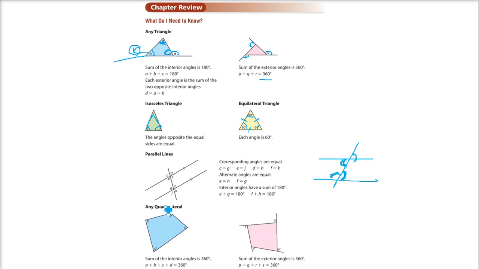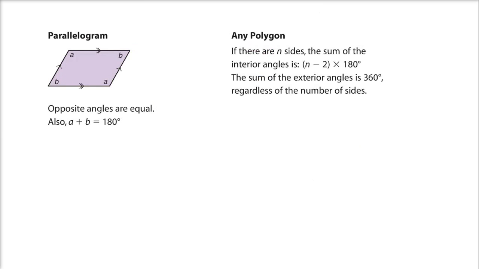Any quadrilateral you take, quad means four sides. The sum of interior angles is 360 degree, and the sum of exterior angles is also 360 degree. A parallelogram is a quadrilateral with opposite angles equal.